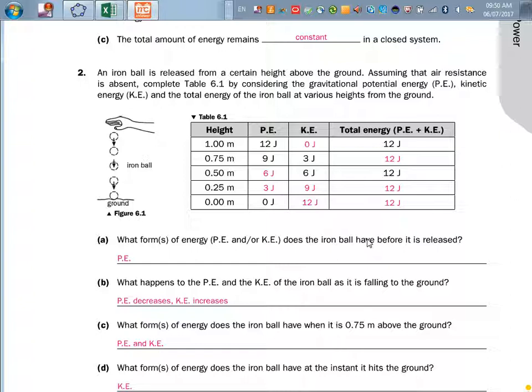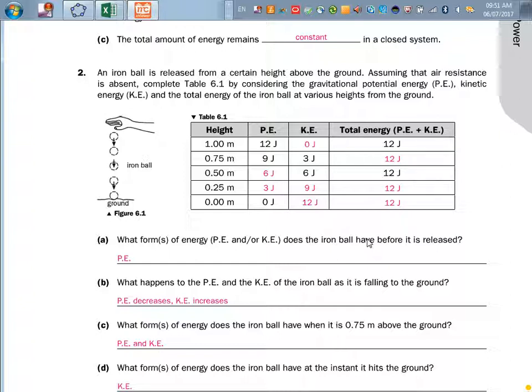We know that the height above the ground, when it hits the ground, is 0. So no more gravitational potential energy. Therefore, all of the energy is converted to kinetic energy. Okay? So, we need to understand that the moment it hits the ground, speed is maximum. That's why kinetic energy is maximum.